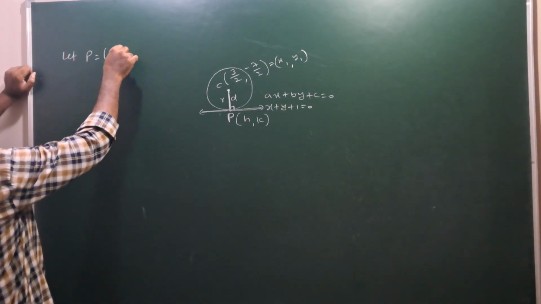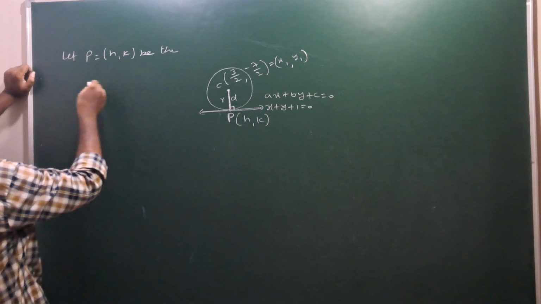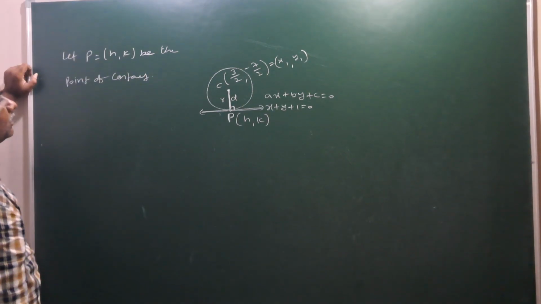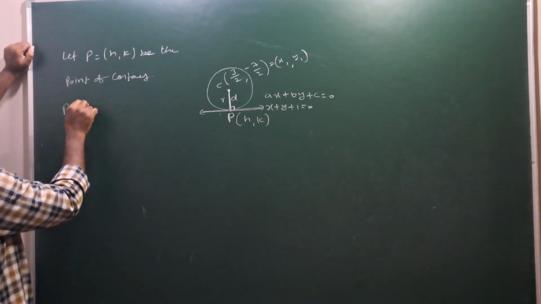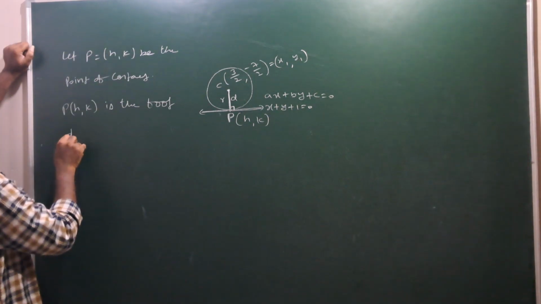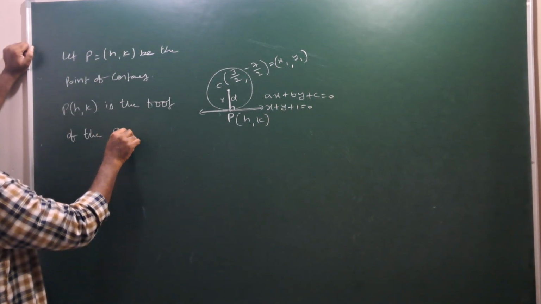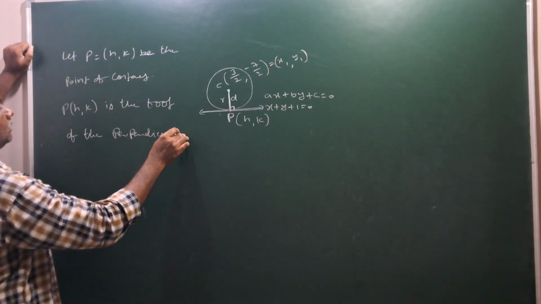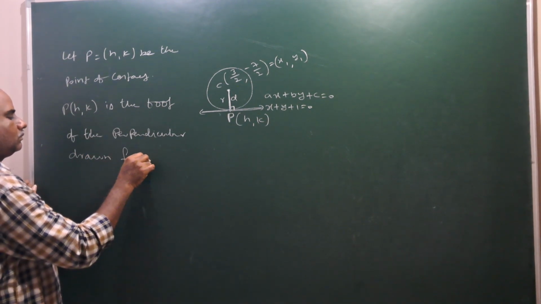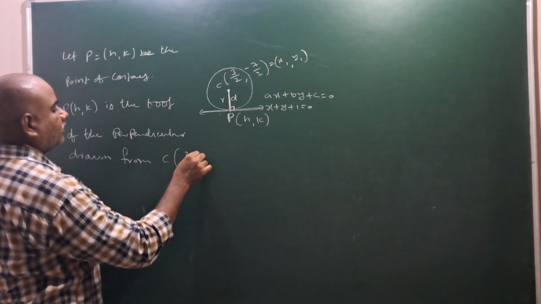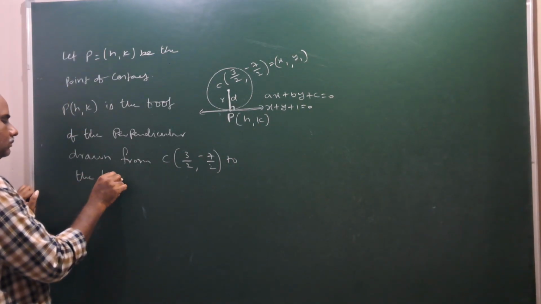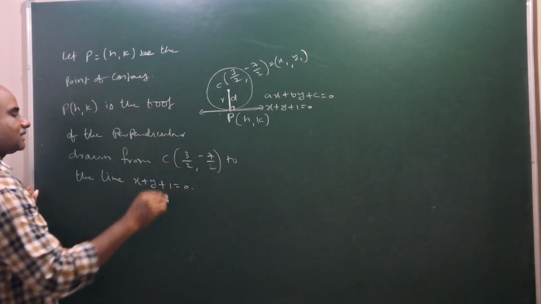Let P = (h, k) be the point of contact. Therefore P(h, k) is the foot of the perpendicular drawn from the center (3/2, -7/2) to the line x + y + 1 = 0.